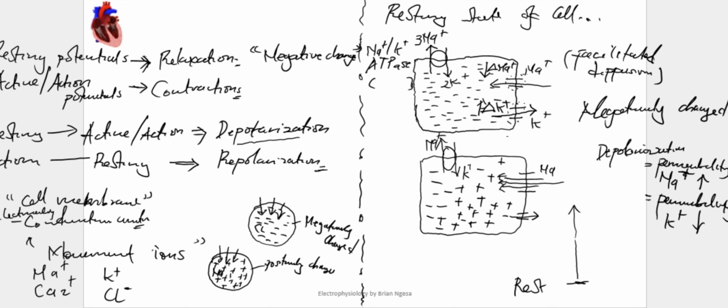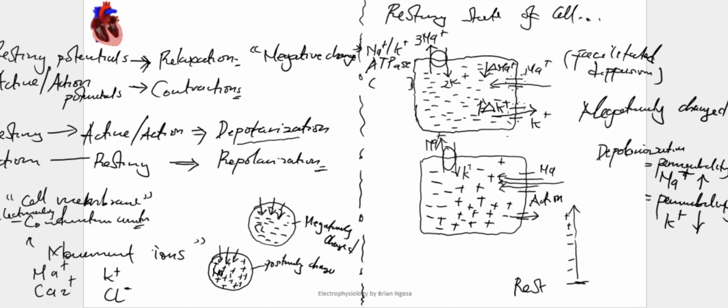That means the action or the active state. So as we are retaining more sodium, as we are retaining more potassium, and as we are absorbing more sodium, our cell will be shifting from negative towards the positive.